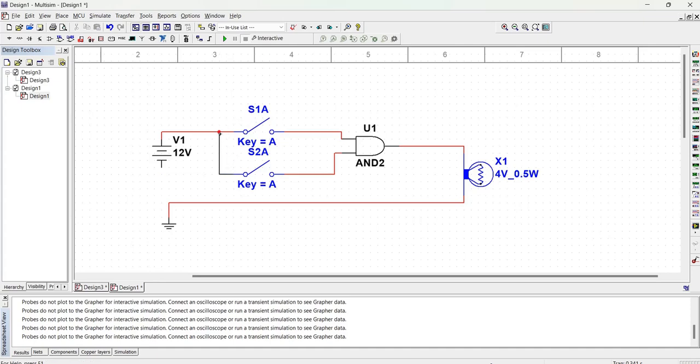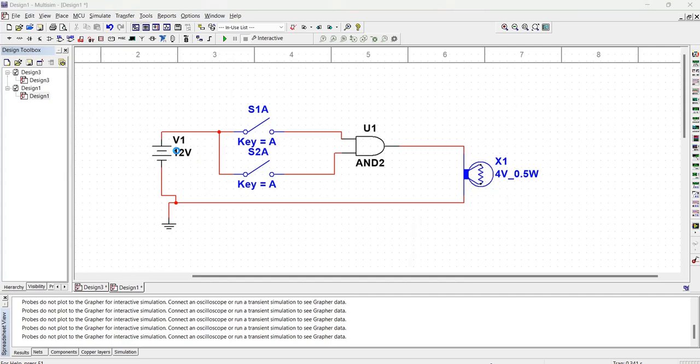So we have our input coming to the AND gate through the switch S1 and another one through S2. So let's connect this negative terminal of the battery to the ground.